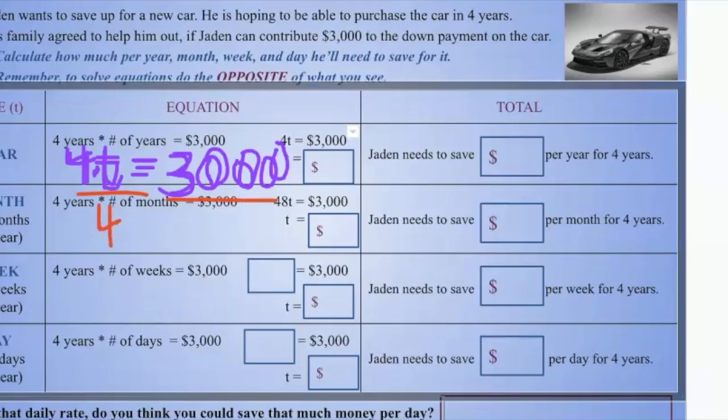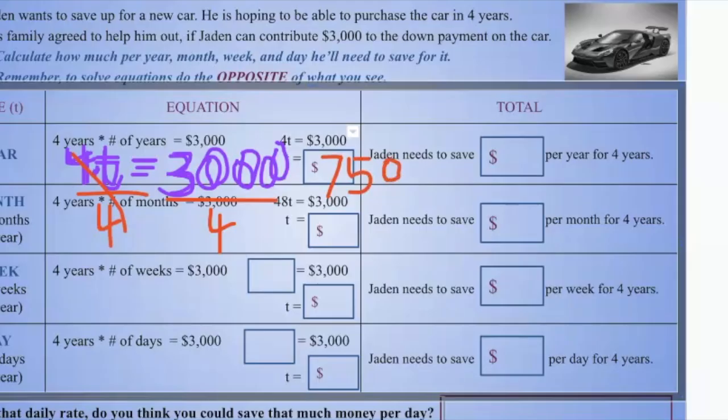So I'm going to take then in my calculator, and I need you to use your calculators too. I'm going to do the top number divided by the bottom number. This cancels. T equals, I got $750, which means that Jaden needs to save $750 per year.